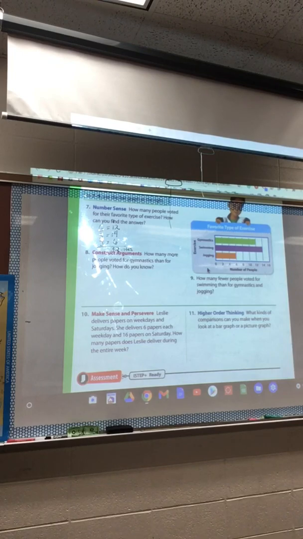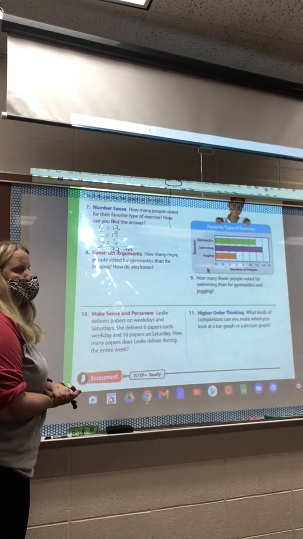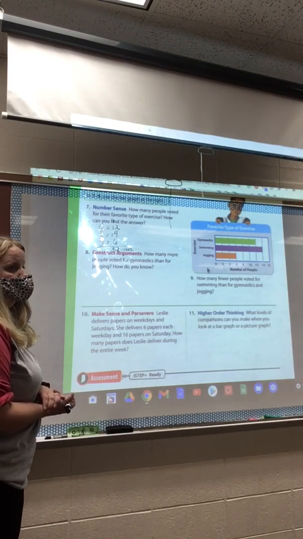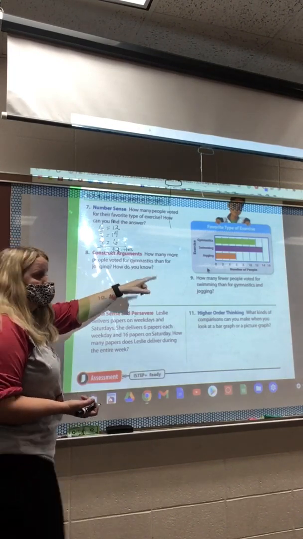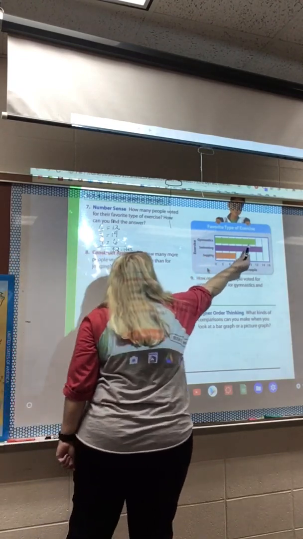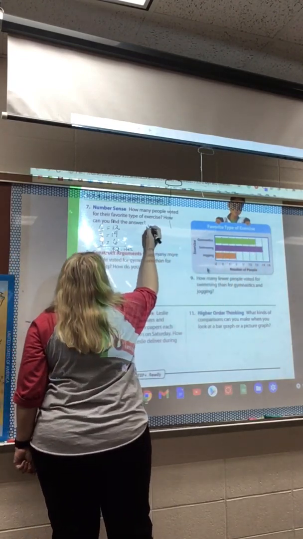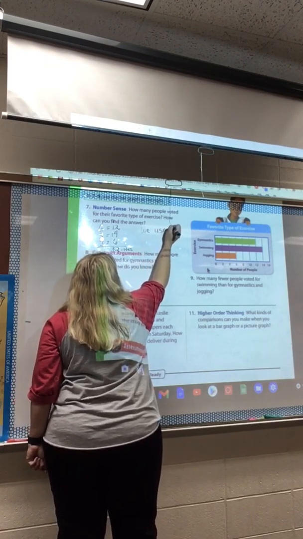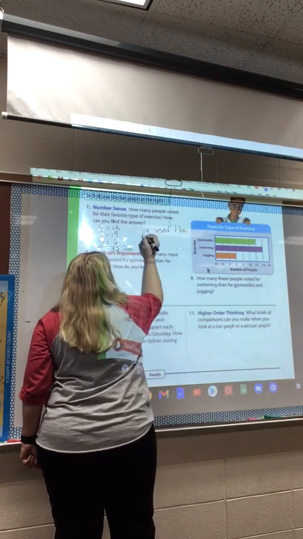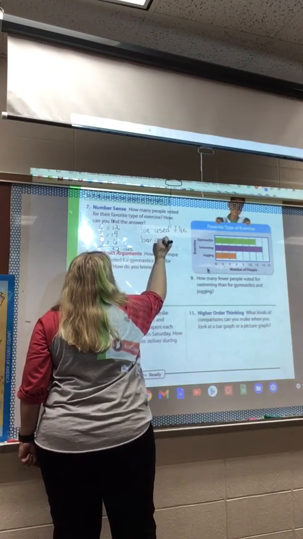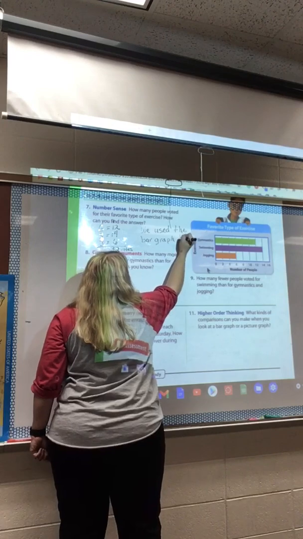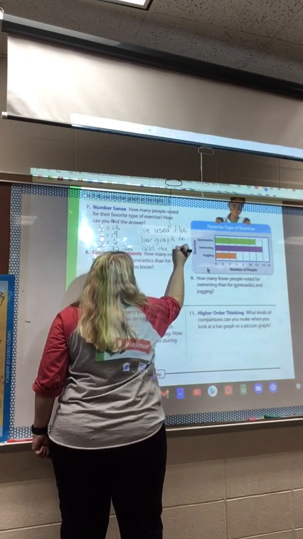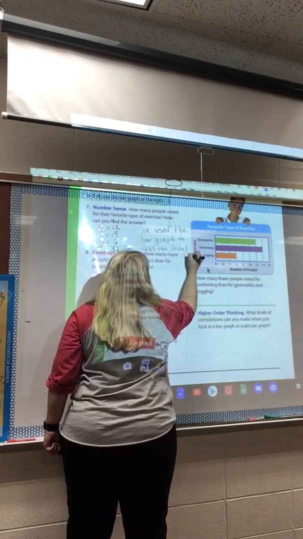So what did we do to find that answer, Brielle? We added what? All the votes. All the votes from our chart, right? So we just added the total data, right? So that we used the bar graph to add the total votes.